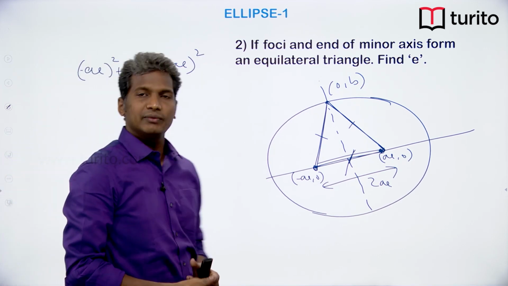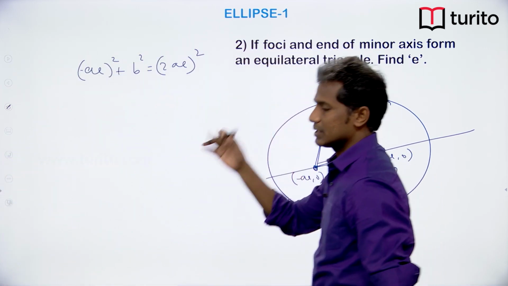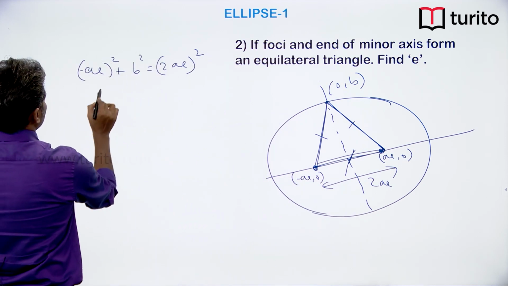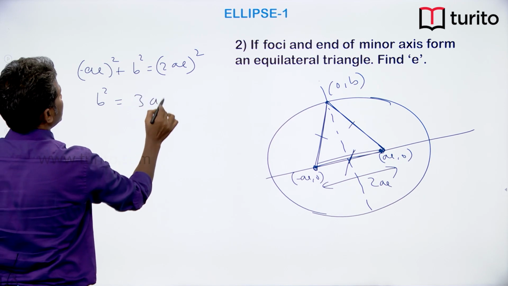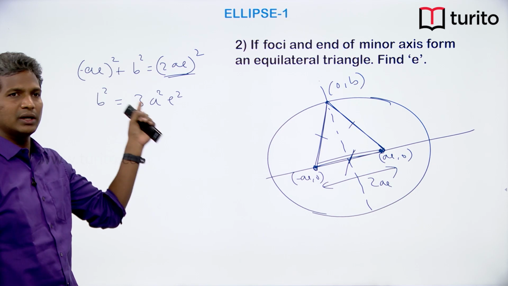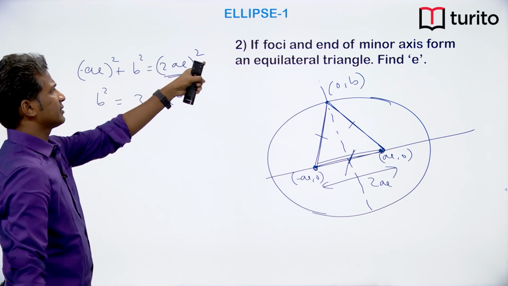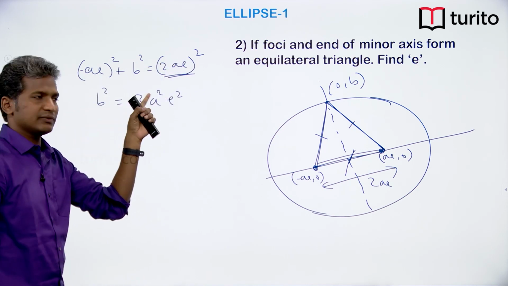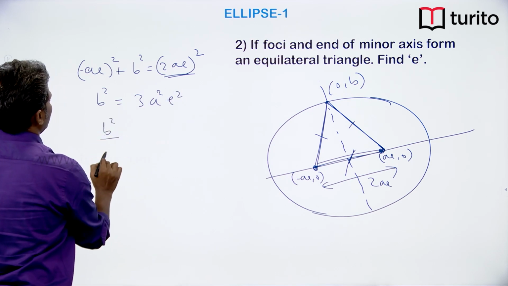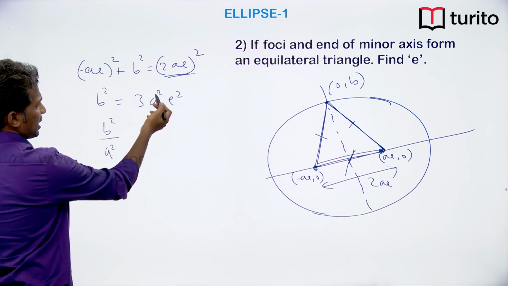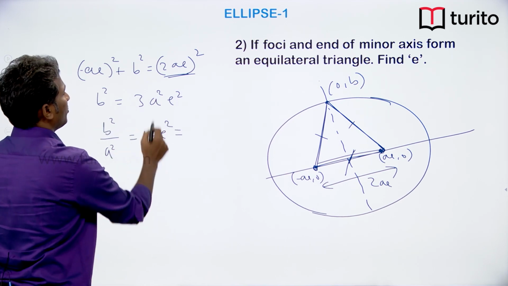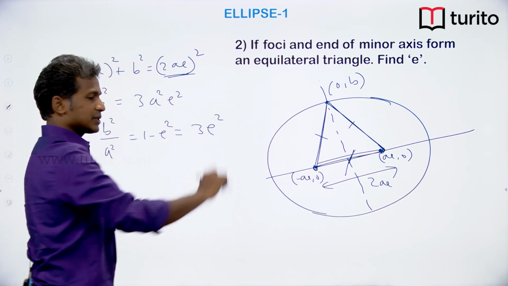Now, if we just solve it, we will get e. Okay. So, let us simplify this. So, we get B square equal to 3A square E square, because here we have 4A square e square and here we have 1A square e square, so the difference is 3A square e square. And we know that b square by a square, that means I have taken one a square to this side, is already 1 minus e square, but here it is coming out to be 3e square.